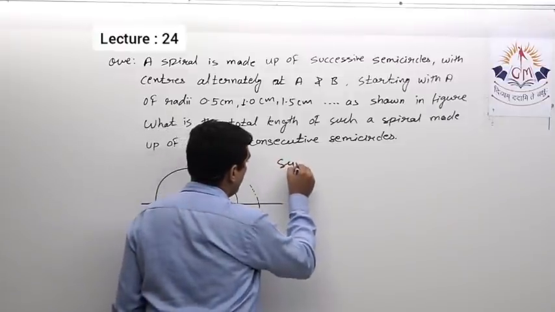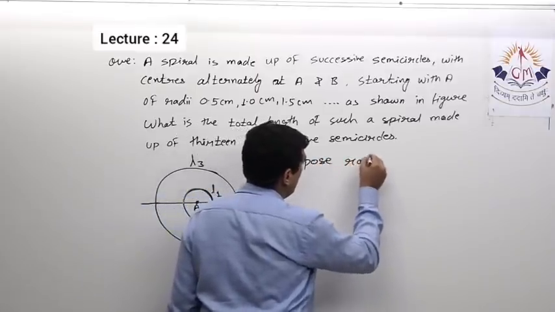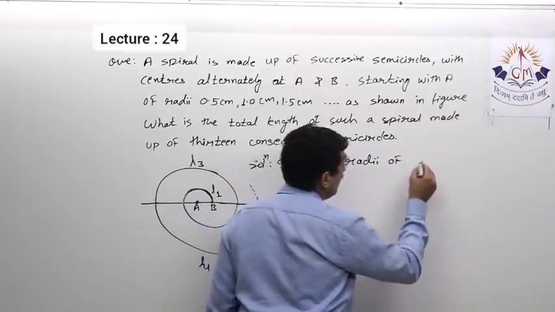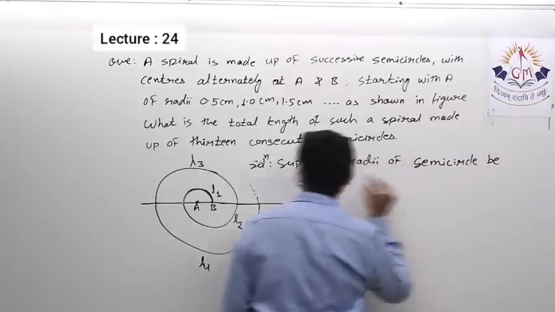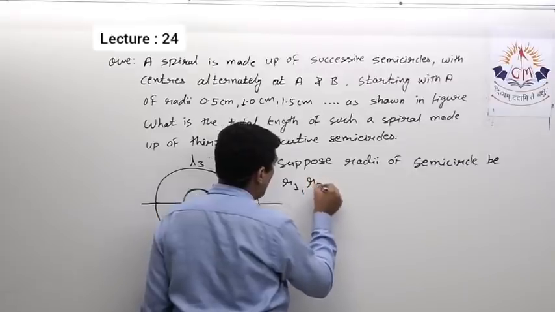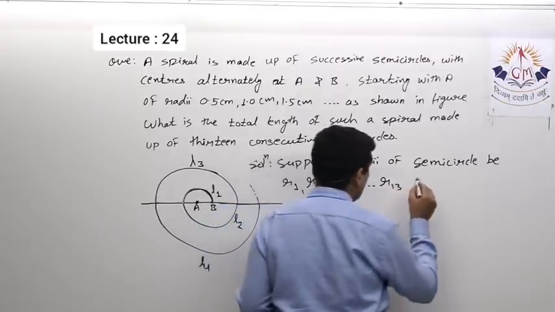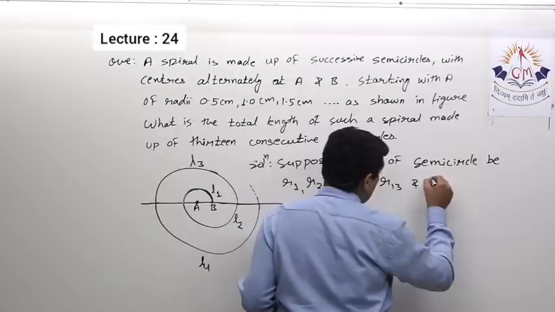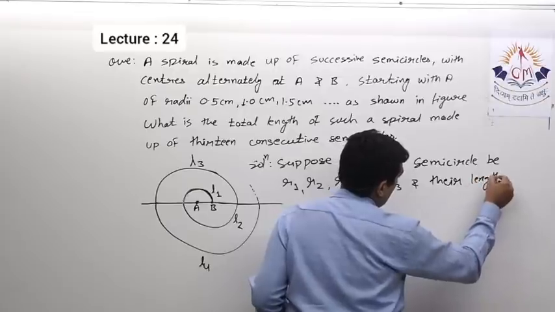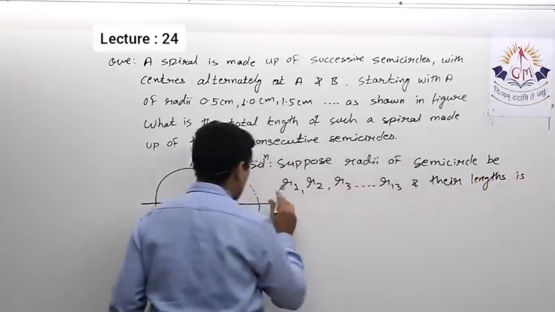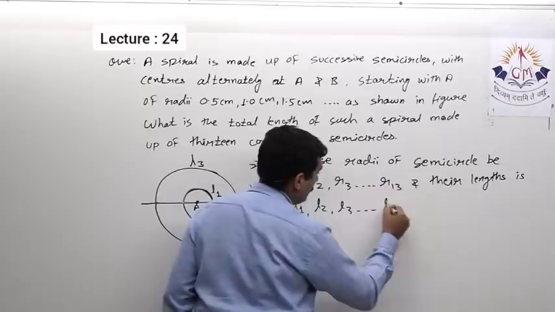So suppose the radii of the semicircles are R1, R2, R3 up to R13, and their lengths are L1, L2, L3 up to L13.